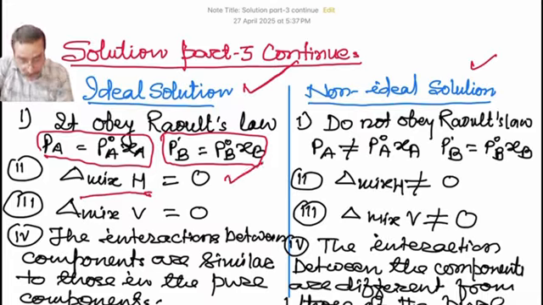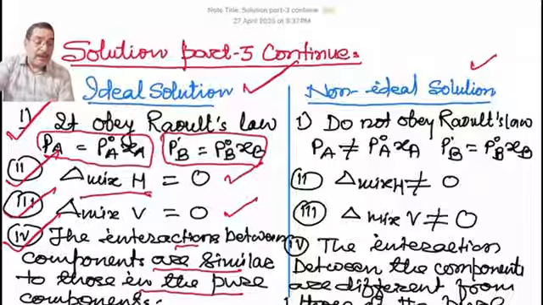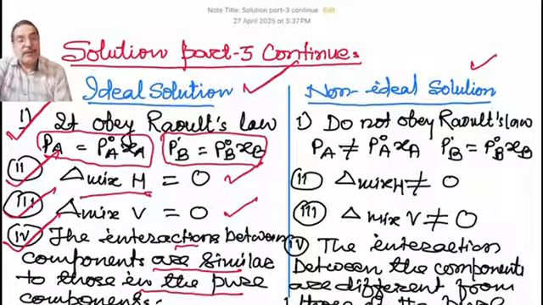Third, change in volume of the solution is 0. Fourth condition, the interaction between the components is similar to that in the pure components. So if any solution obeys these four conditions, it is said to be an ideal solution.